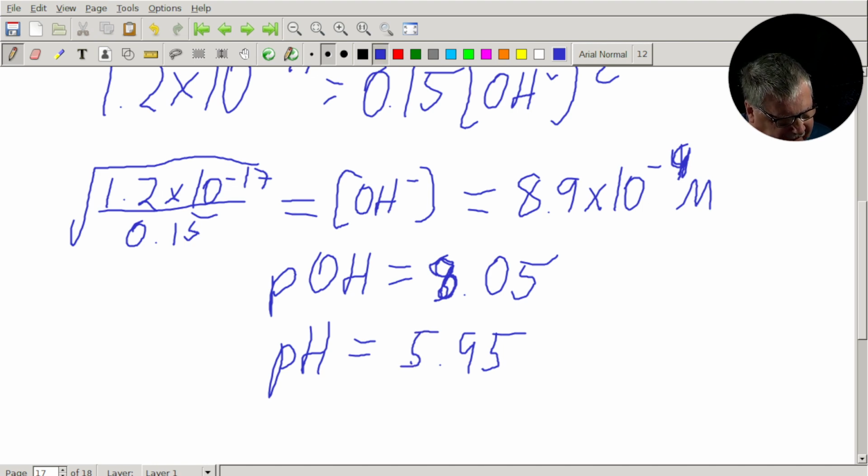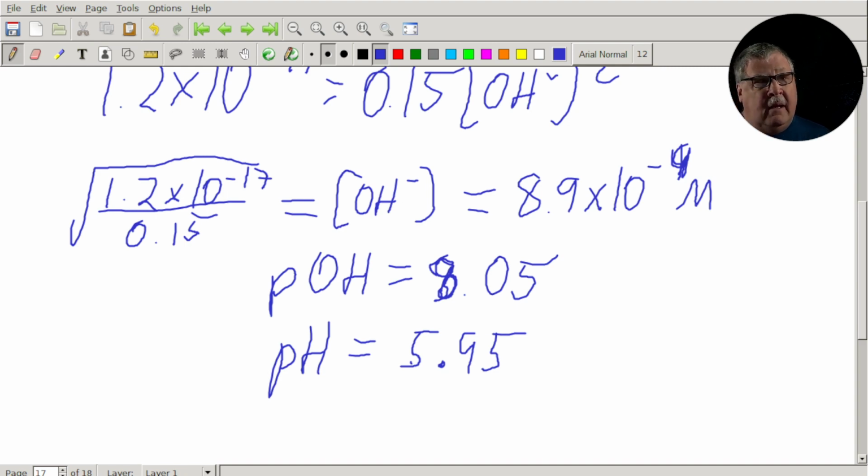I would expect zinc hydroxide to start precipitating out of a solution that is slightly acidic, and that's exactly what we're seeing here. Now, here's the thing, and this is something that you have to be mindful about if you're ever trying to precipitate out hydroxides of transition metal salts, like this one.